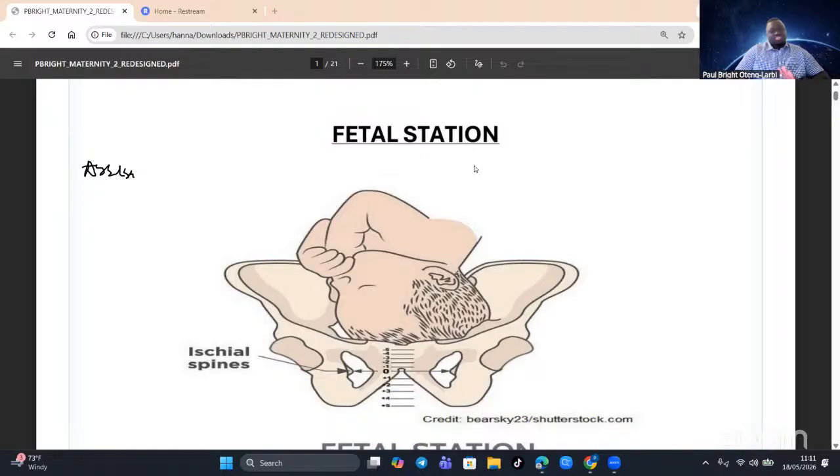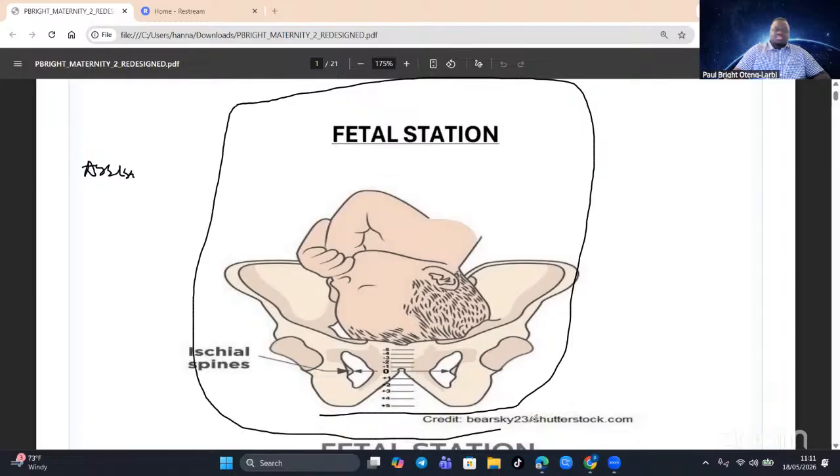Fetal station. As you can see, you've seen a baby's head here and the pelvis of a woman. During pregnancy, this baby will go up. So assuming this is the whole abdominal cavity, your umbilicus is here, your upper abdomen is here, and this is your pelvis.